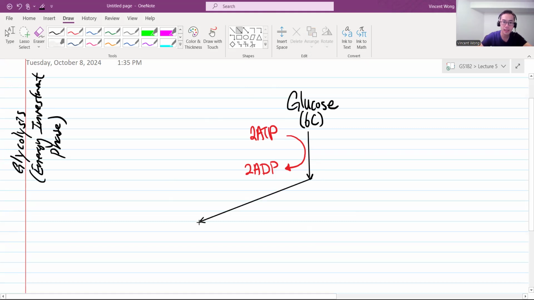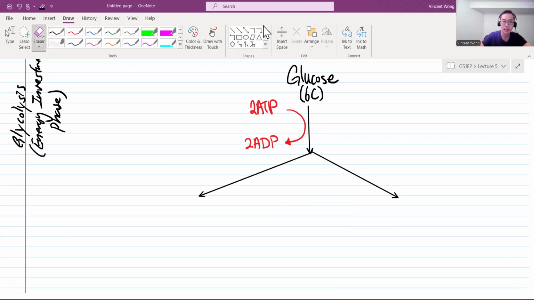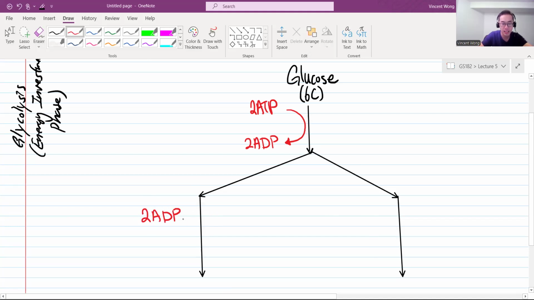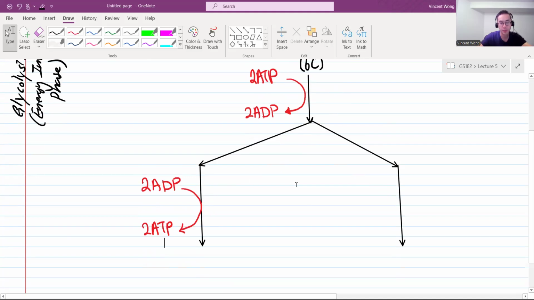And then it's gonna split at some point. And after it's split, a couple of things gonna be happening here. Each path will now produce 2 ATP. So, we're going to take the empty ADP. The enzyme's going to help us put phosphate onto them, taking it from a donor.